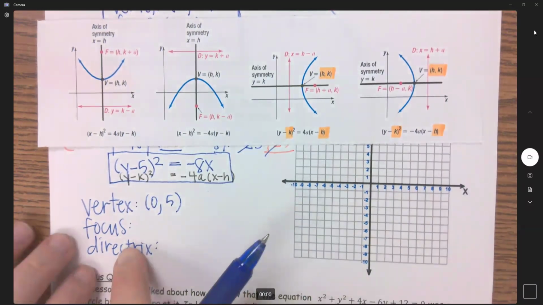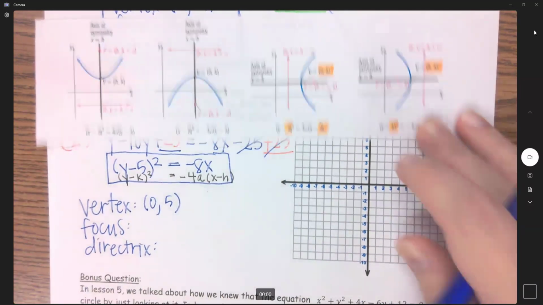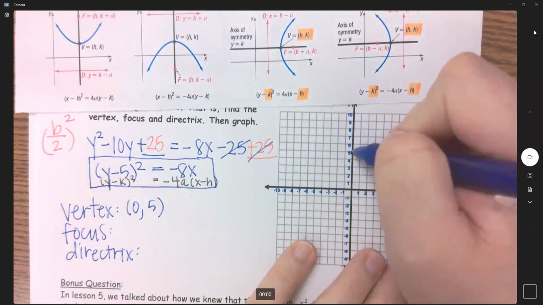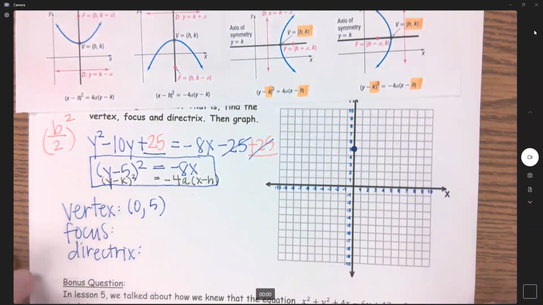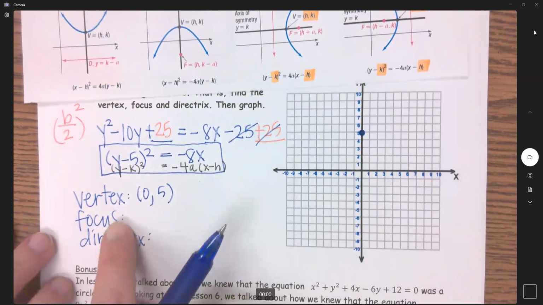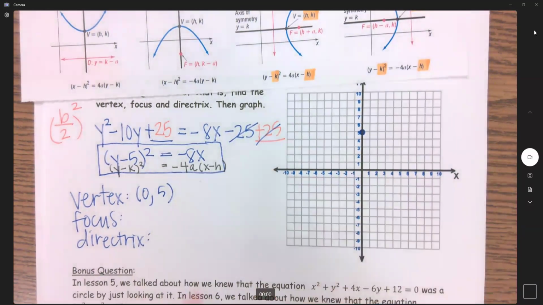Now, I'm going to go ahead and use the graph to find these, but you can use those formulas given here if needed. So my vertex is at 0, 5. And whether you want to use the formulas or the graph, we need a for both of these. So when we look at this, what's on top of each other?